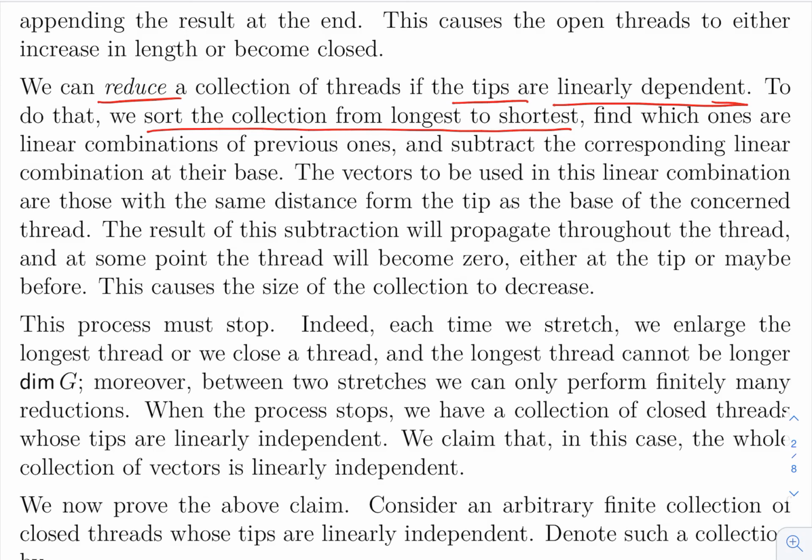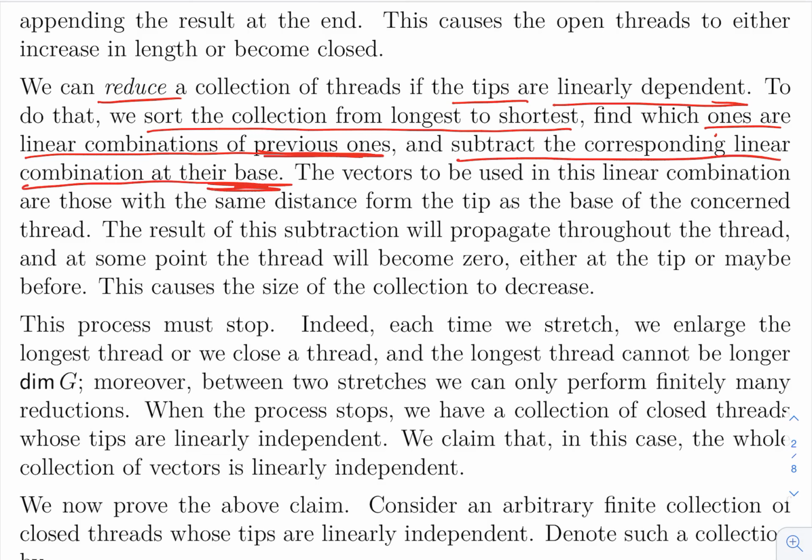And then you find which ones are linear combinations of the previous ones. How do you find which vector is a linear combination of the previous ones? You just write those vectors in columns, one after the other, perform row reduction, and you see this. And then you subtract the corresponding linear combination at the base of this thread. So the base is the very first vector of the thread.